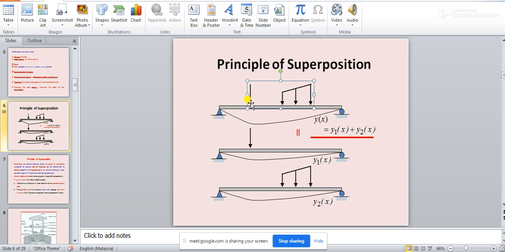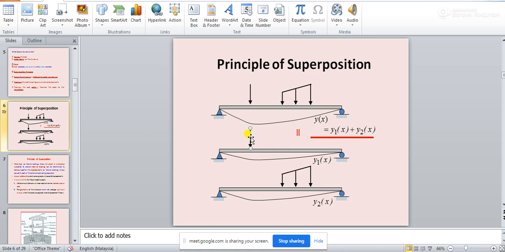The deformation because of this load is y1x, and the deformation because of this other load is y2x at this point. If you sum y1x and y2x at a particular point, you get the total deformation because of these two loads.